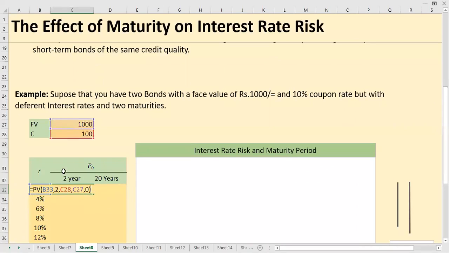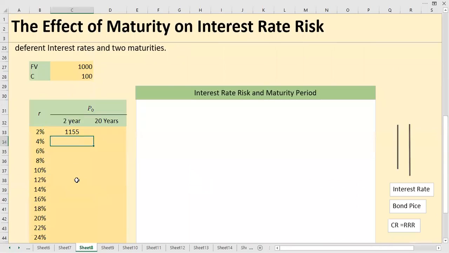Same as earlier, I'm going to fix these values, and enter. So you get this value, 1155, as the bond value when the required rate of return is 2%.